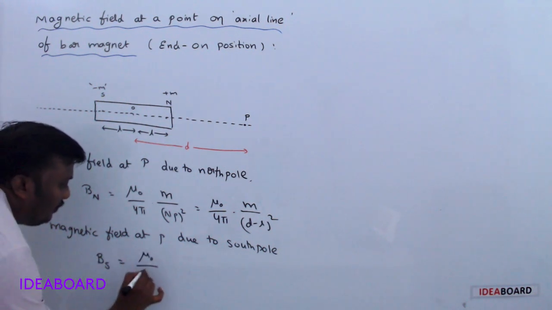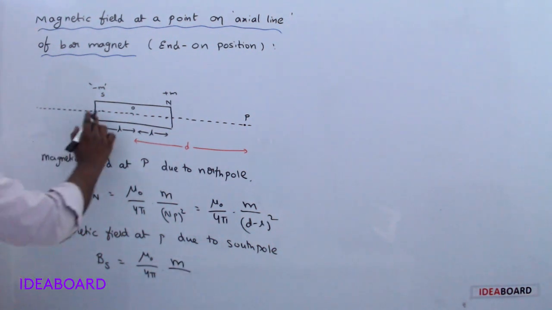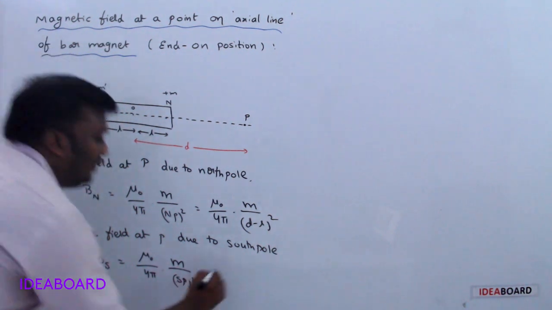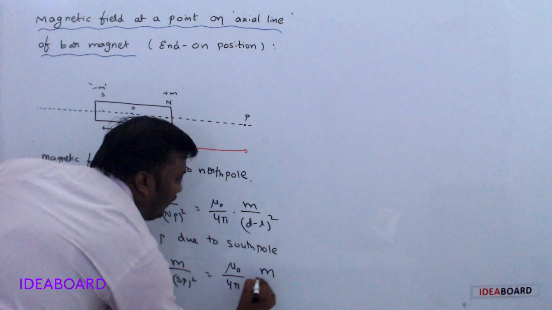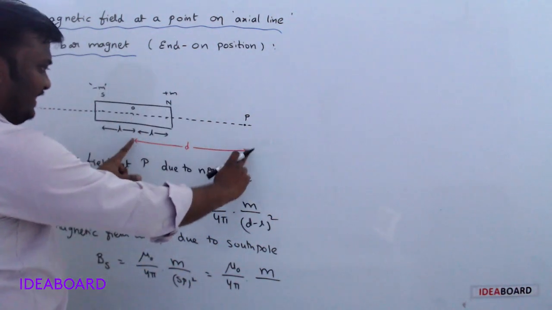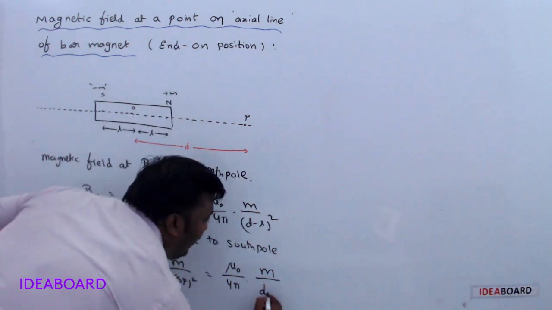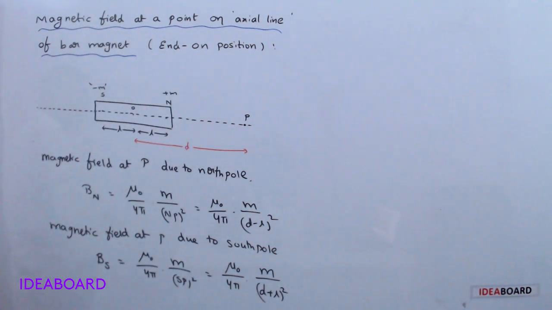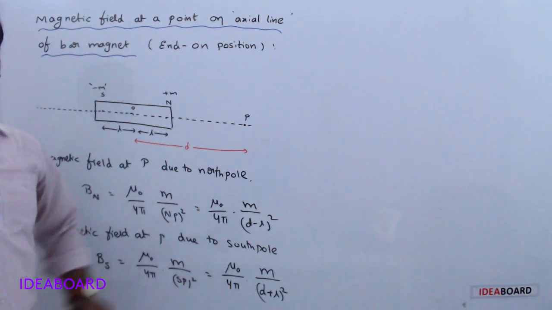Bs is equal to mu naught by 4 pi into m by the distance SP square, that is equal to mu naught by 4 pi into m by (d plus L) whole square, where this is distance d and this is distance L. So this is due to the north pole, and this is due to the south pole.